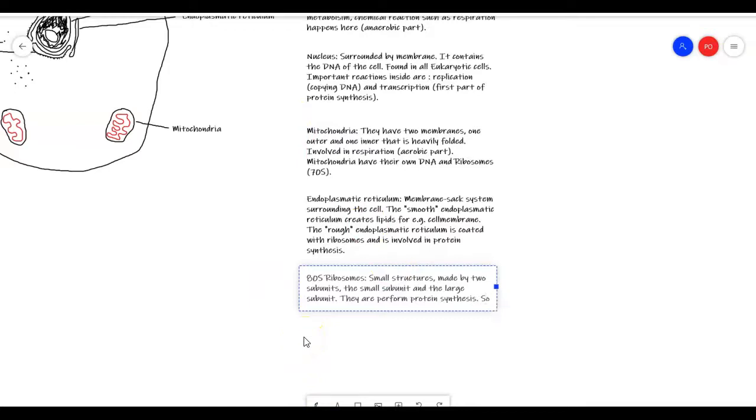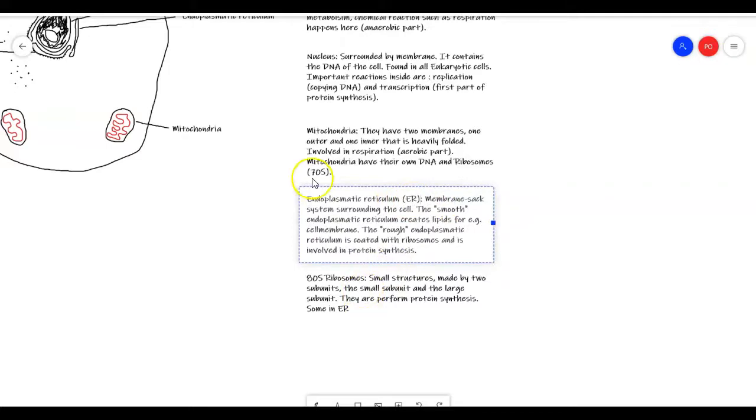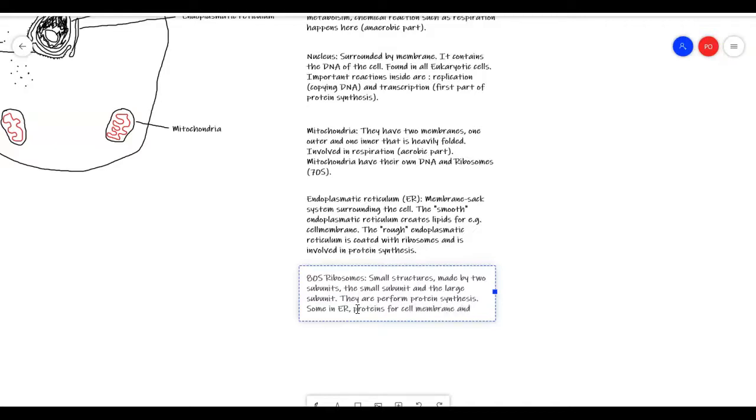Some in the ER, that's the endoplasmic reticulum, ER for short, for proteins for the cell membrane and outside of the cell.